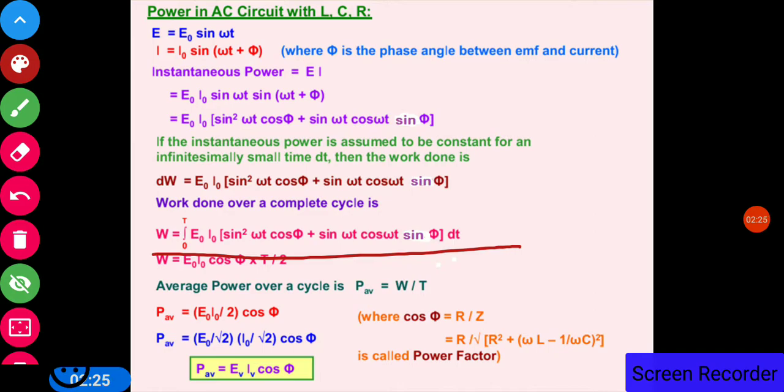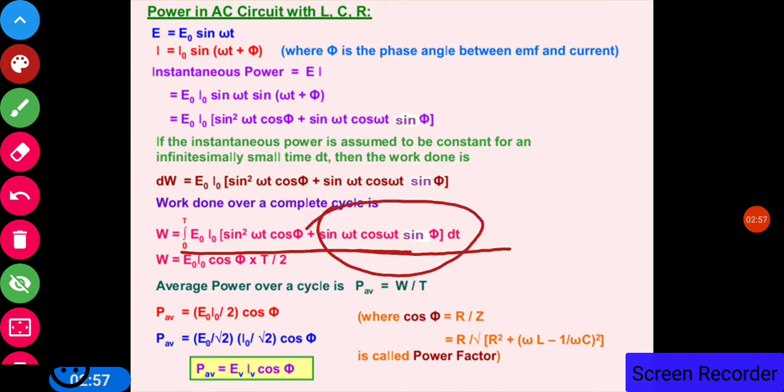Now when we integrate these two functions, it is easy for mathematics students, but for the biology students to work out such a problem is of great difficulty. So the bio student as well as the math student, they know that for the complete cycle, if you integrate sin omega t cos omega t, then its value comes to be 0.